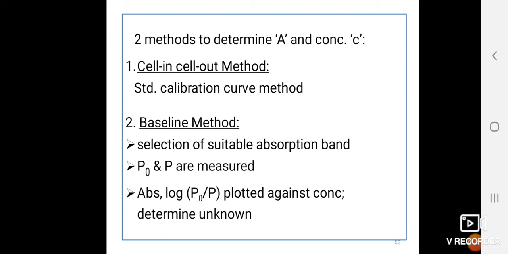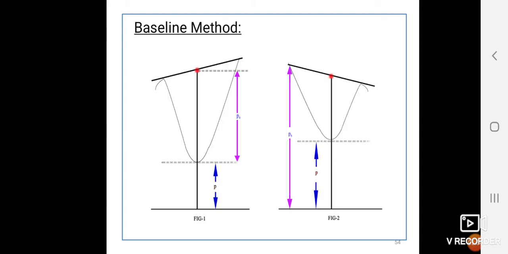Then we measure the P0 to P ratio for that band, and taking the log of P0 over P, we plot it against the concentration, and that will help in determining the unknown. So that is the baseline method.